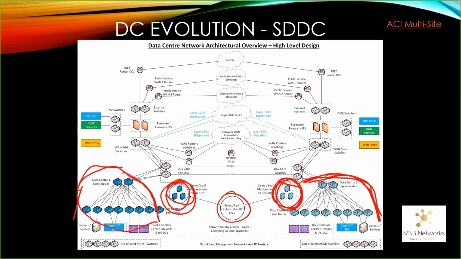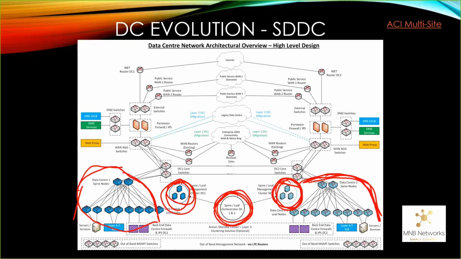And until multi-site orchestrator, which is this platform in the middle, was developed, you had to basically manage them as two completely separate entities, from a configuration perspective. So a multi-site orchestrator provides you the ability to push certain configurations out across both sites, but there is still certain things that you need to do in the APIC, I believe.